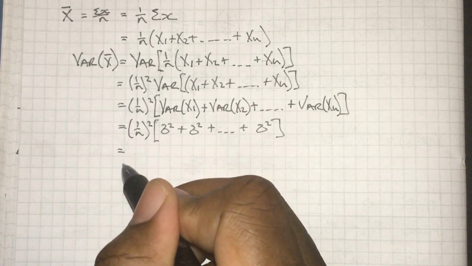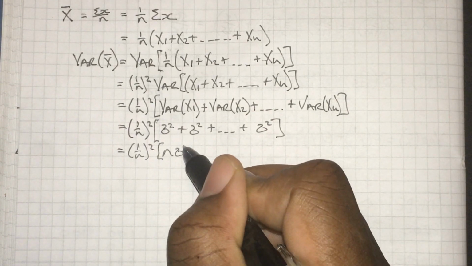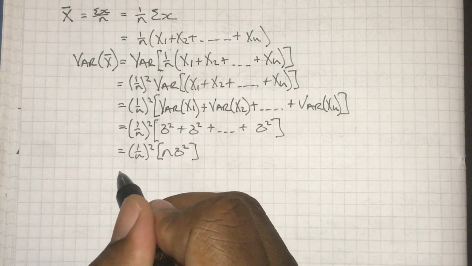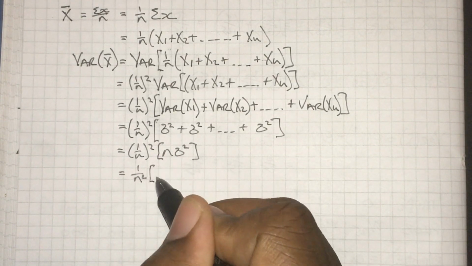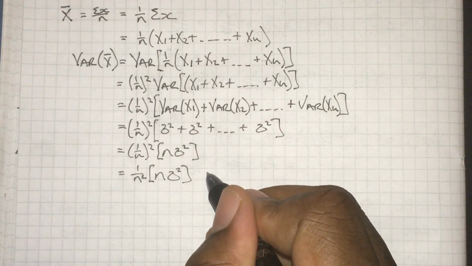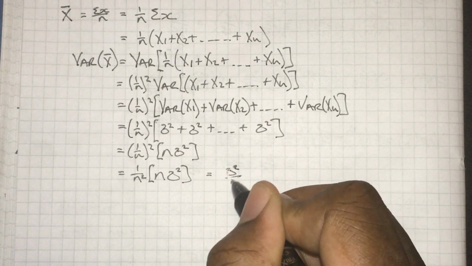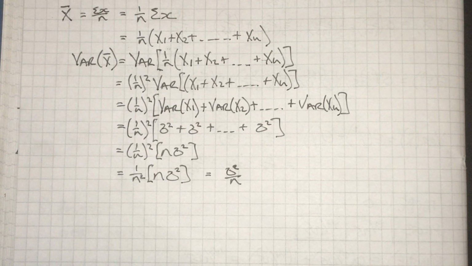Okay, and I've got n observations, so that's n sigma squared. All right, good. Let's just deal with the outside. I expand that bracket, and I can see that n's will cancel. My variance of x bar is going to be sigma squared over n. Variance of x bar, sigma squared over n.